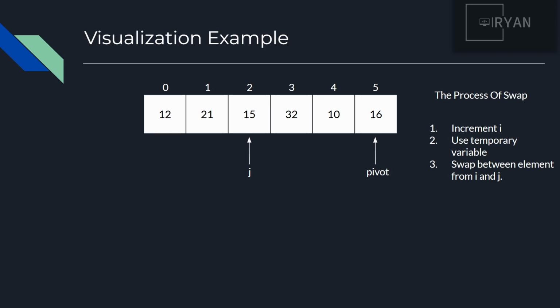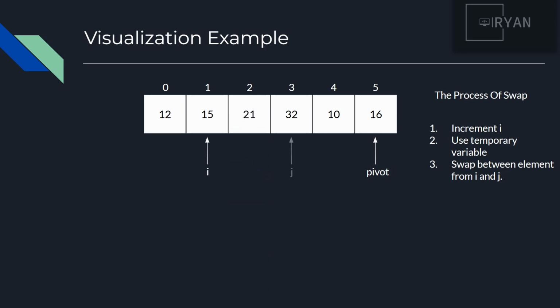We perform another swap. And remember, to perform another swap, we always increment I first. We will use a temporary variable, and we will swap the elements at I and J. In this case, we are swapping 15 and 21. Here, we swap these two elements.